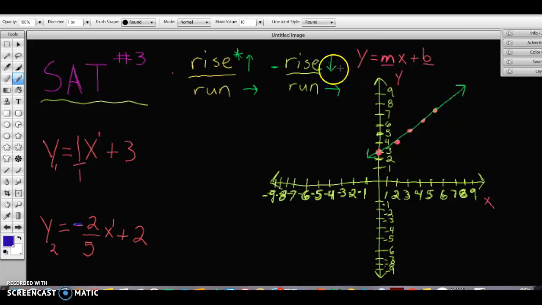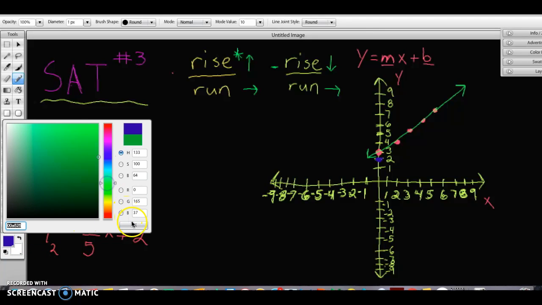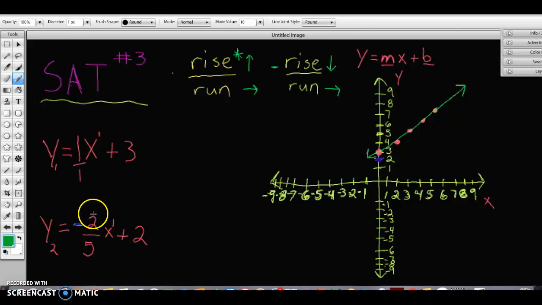Okay, so we're going to first go to our y-intercept, which is plus 2. And then we're going to use our rise over run from our slope. Because this is negative, we're going to go down 2 and run over 5. So we go down 1, 2, and then go over 1, 2, 3, 4, 5. All right, we're going to go down 2 and go over 5. 1, 2, 3.